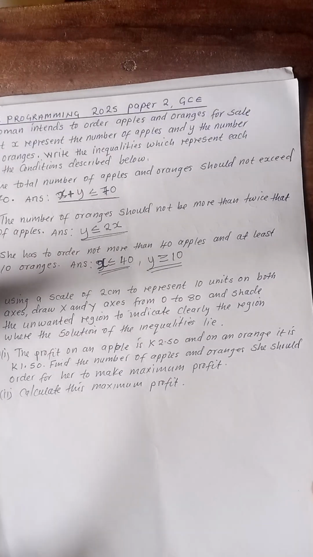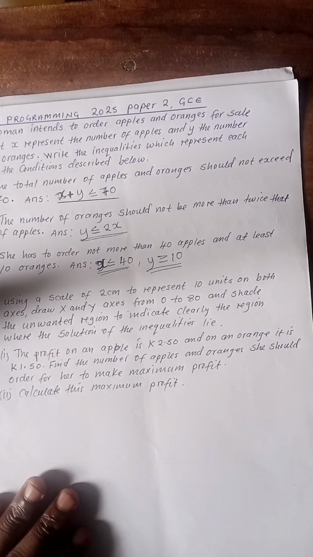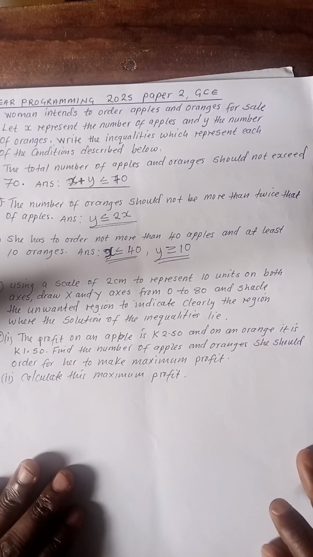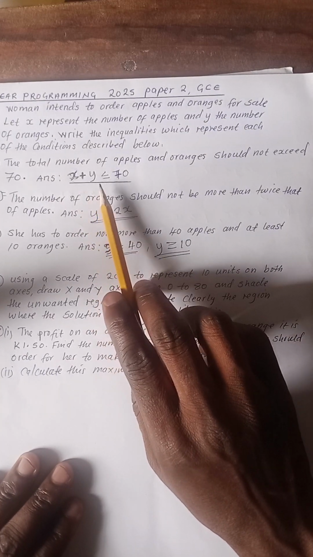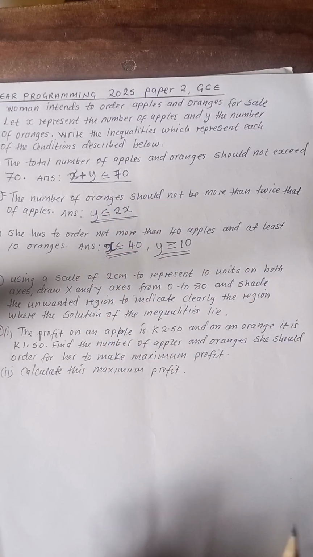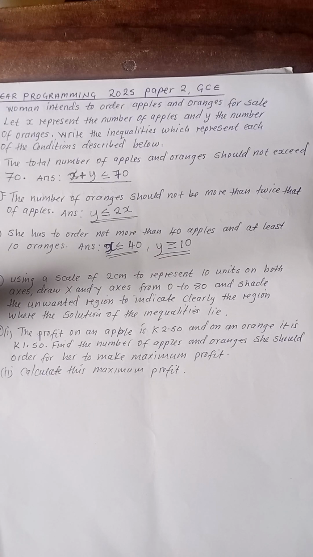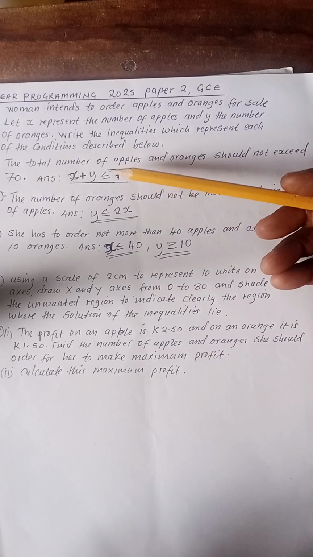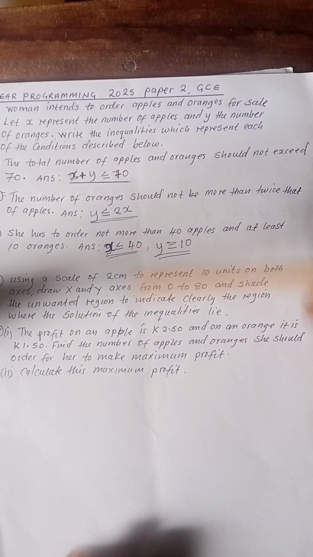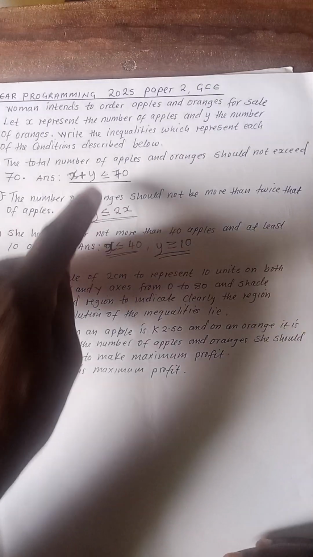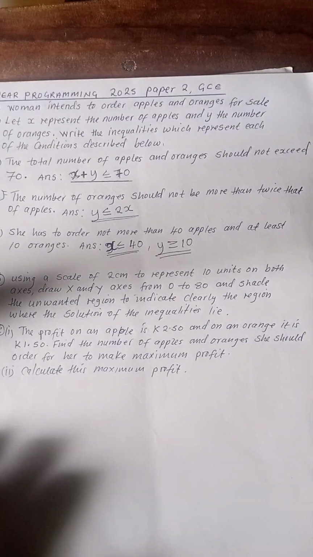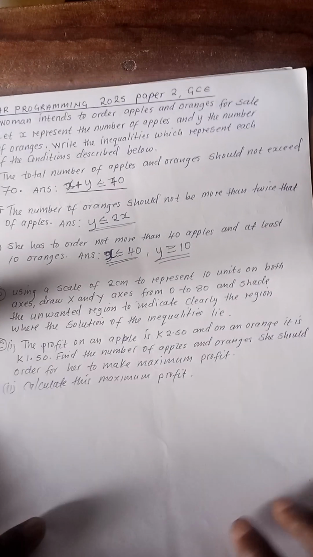Okay, so let's start with the first inequality. The first inequality is x plus y is less than or equal to 70. So when plotting, this is a linear equation, so we are going to consider as if we have an equal sign there. Then the inequality will be considered later on when we shade.